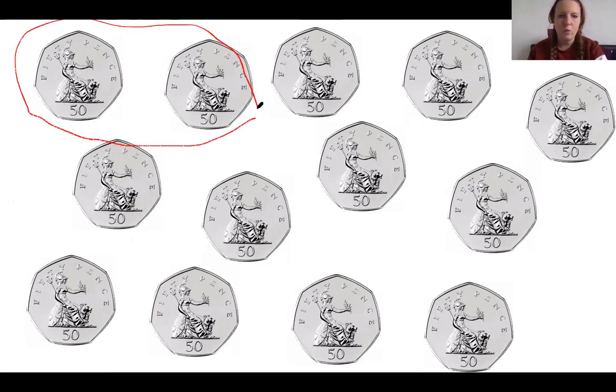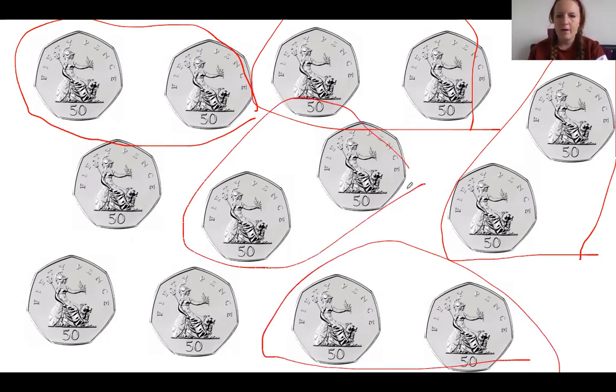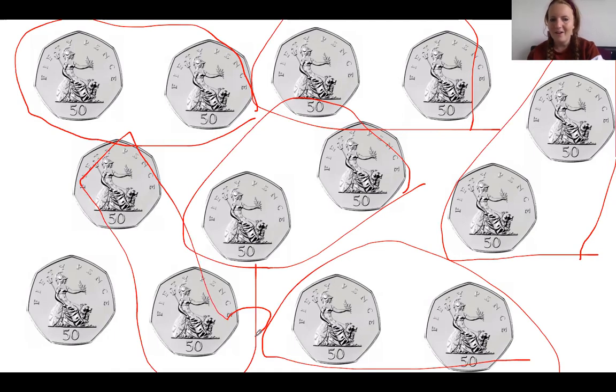So that's 1 group, 2 group, 3 group, 4 group, 5 group, 6 group, and 1 left over. Again, this is a bit messy, so I'm going to put them in rows.